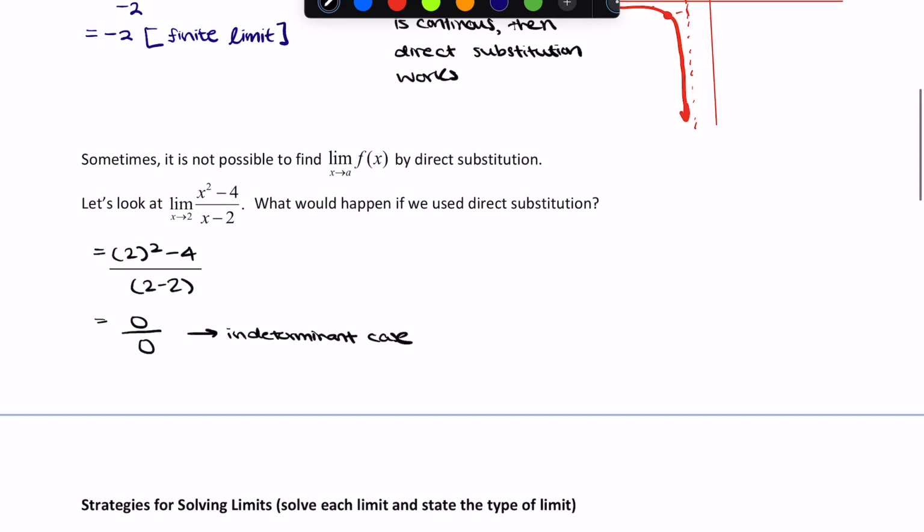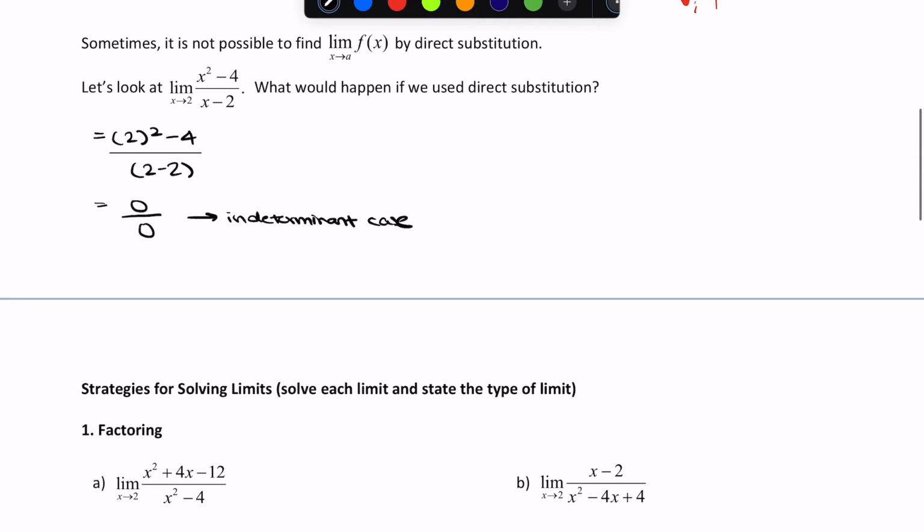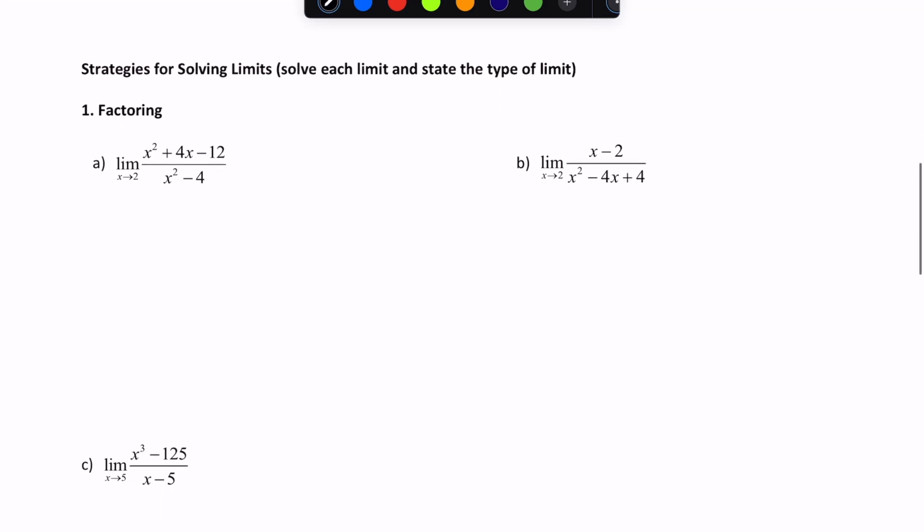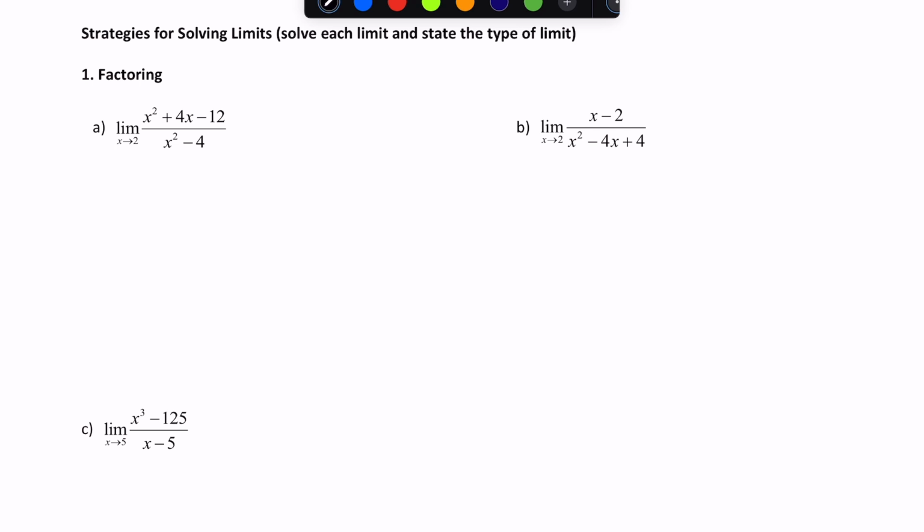So here, we're going to look at strategies for solving limits so that we do not get this indeterminate case. The first strategy that we'll look at is factoring. If we look at this first example, the limit as x approaches 2 for the function x squared plus 4x minus 12 over x squared minus 4. For factoring here, we'll write the limit as x approaches 2, and we can factor x squared plus 4x minus 12, which gives us x plus 6, x minus 2.